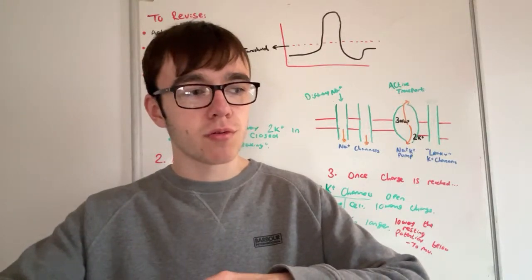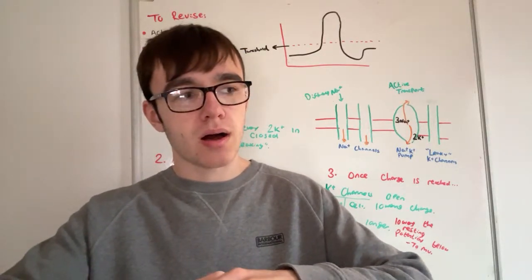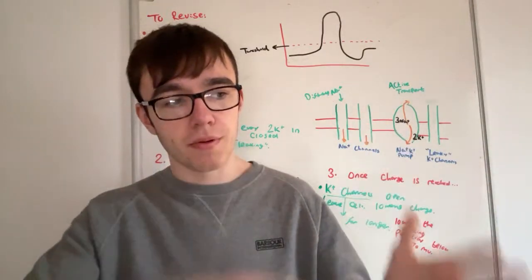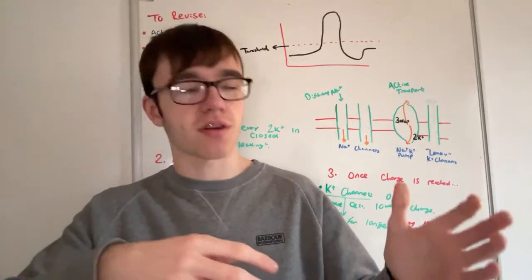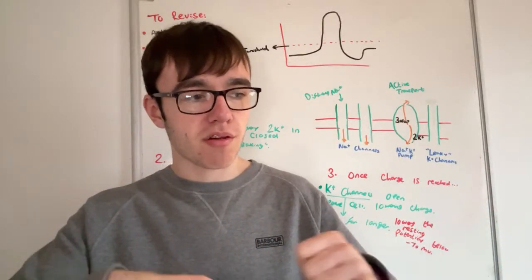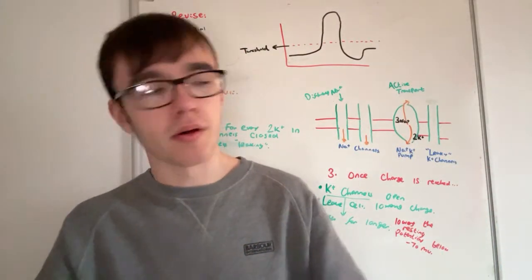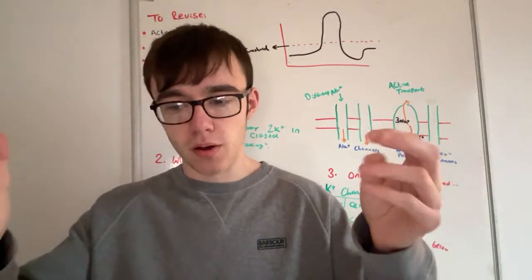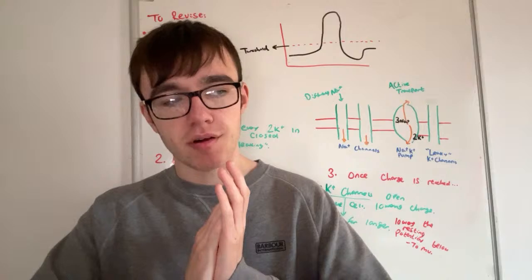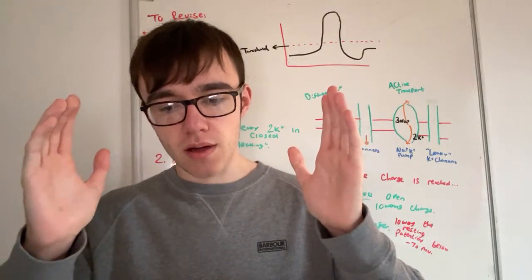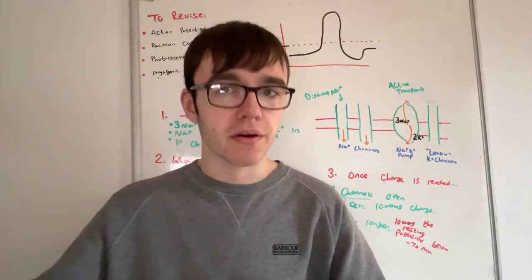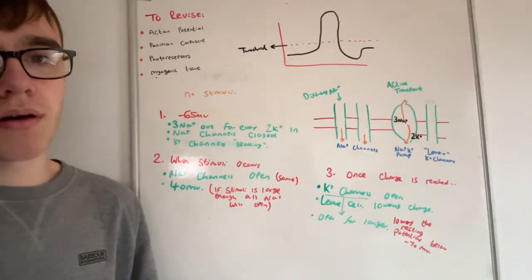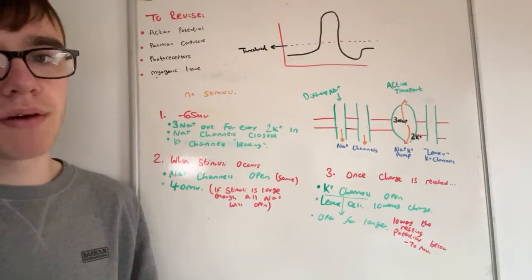And then to repolarize the cell, the potassium ion channels are going to open up, which will cause potassium to leave, rapidly lowering the charge, but they will remain open for longer than necessary, which will cause the resting potential to be lower than 70 millivolts temporarily.